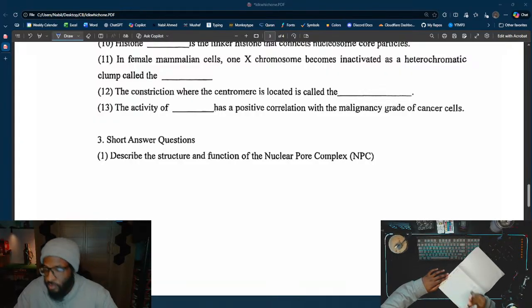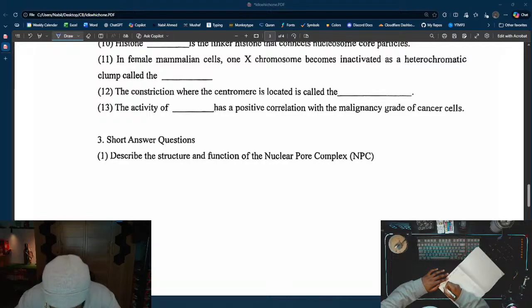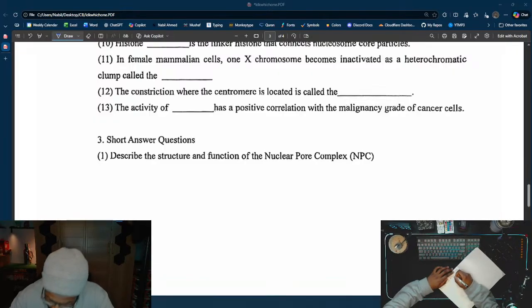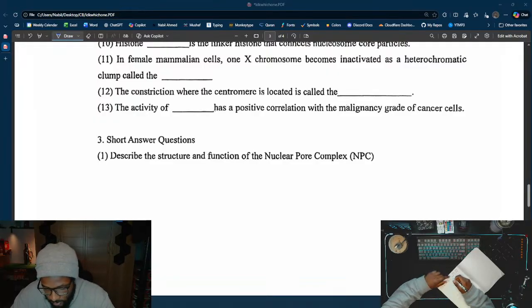It has two rings, one facing the cytoplasm, called the cytoplasmic ring, and the other facing the nucleus, which is called the nuclear ring. It also has a central plug.